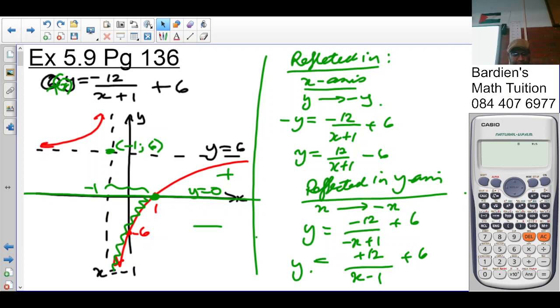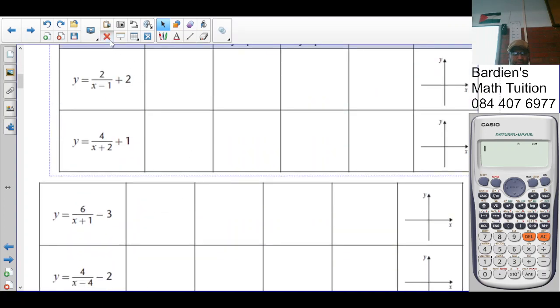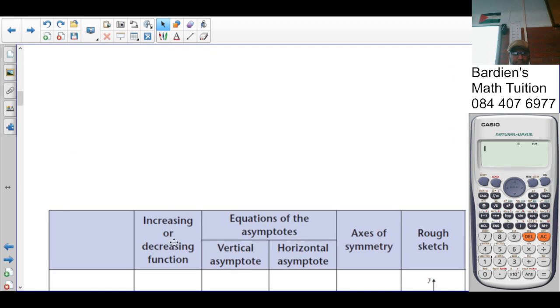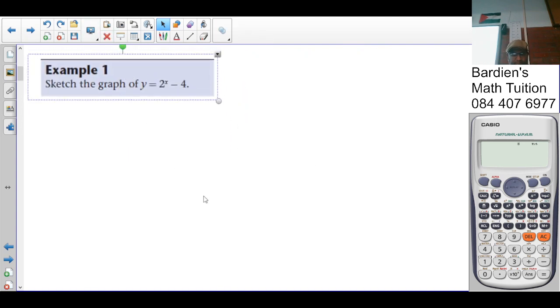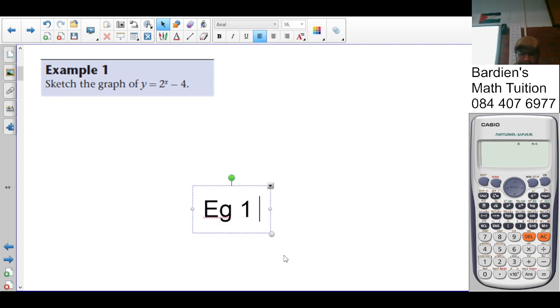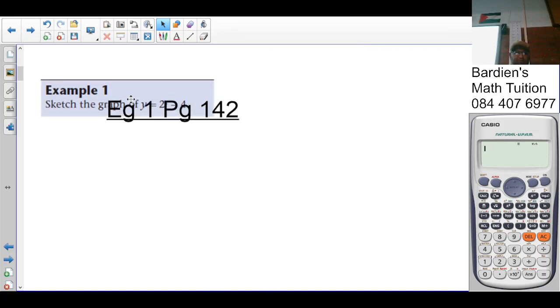We have one lesson left, so that's also the reason why I'm not going through all the theory now, okay? So we're looking at exponential graphs now. Here's your first graph.